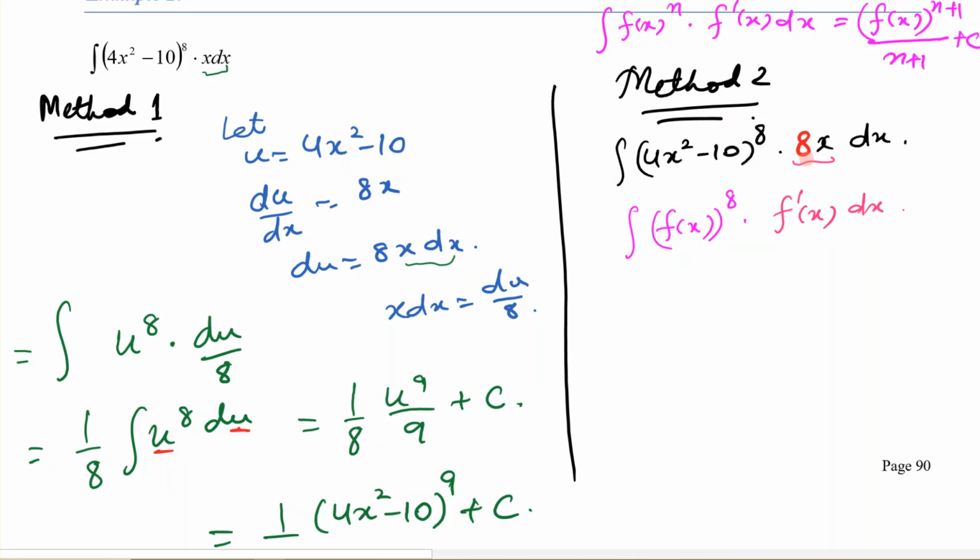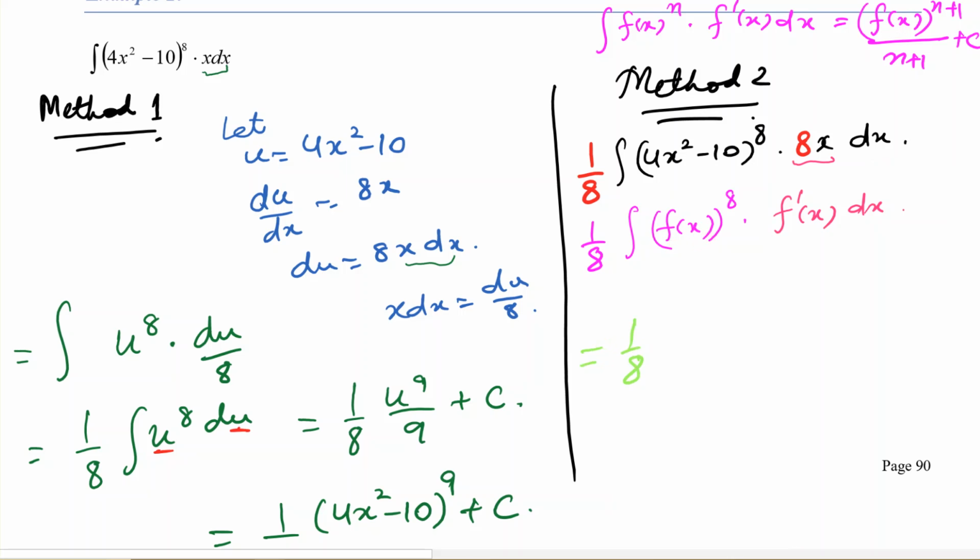But since I added an 8, in order to neutralize the effect, I need to divide by 8. So our new function becomes of this form: 1 over 8 integral of some function raised to power 8 and the differential of the function. So now our answer should be 1 over 8 as it is.